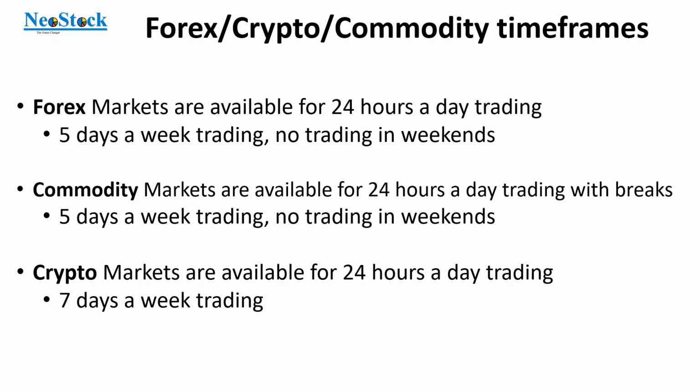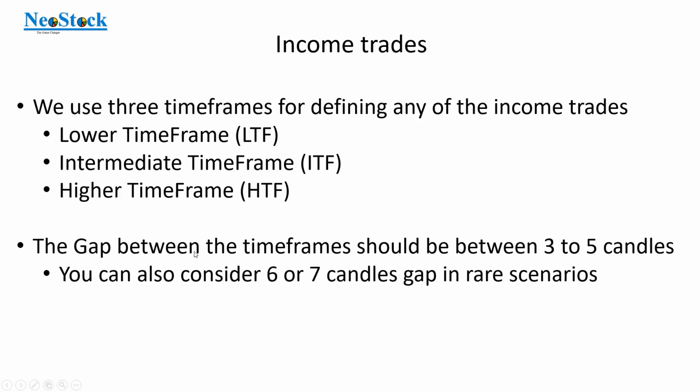You need to take 7 days. Such rare situations we will be using. That's why this is exceptional. That's why I told you, you can consider a 6 or 7 candles gap in rare scenarios between 2 time frames. So in cryptocurrency, because it is 24 hours a day and 7 days a week, to complete 1 week we should have 7 daily candles.